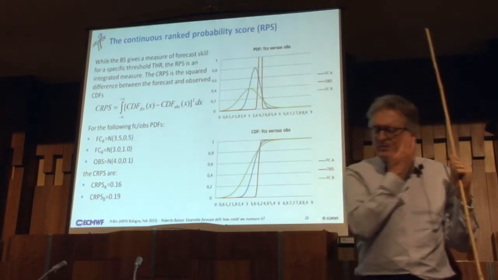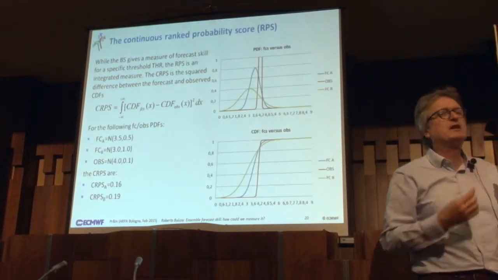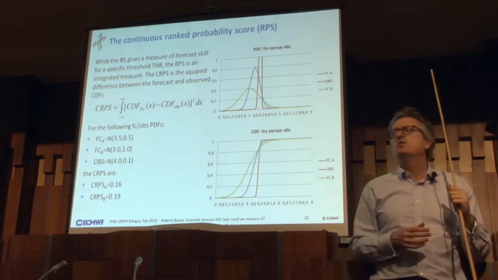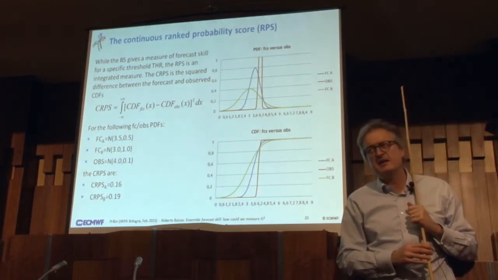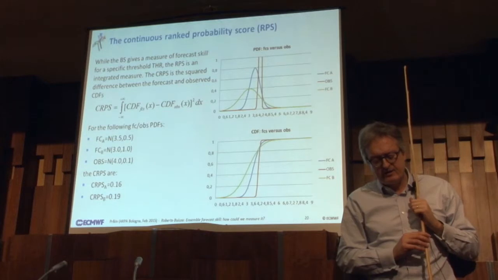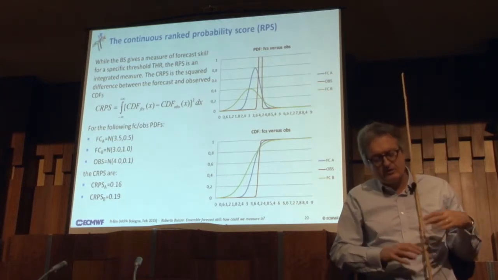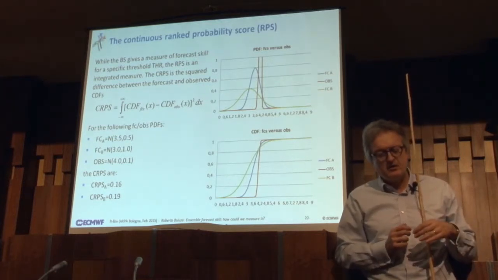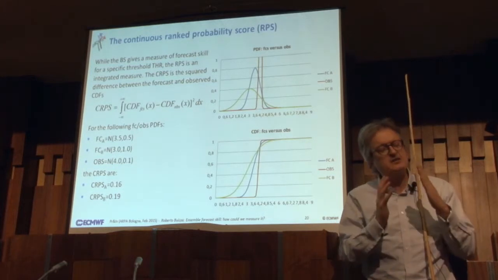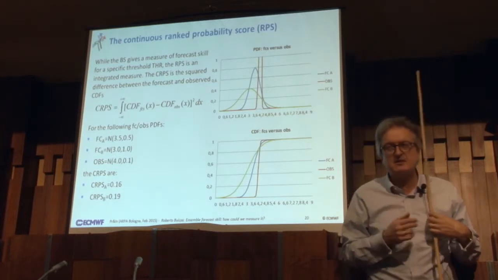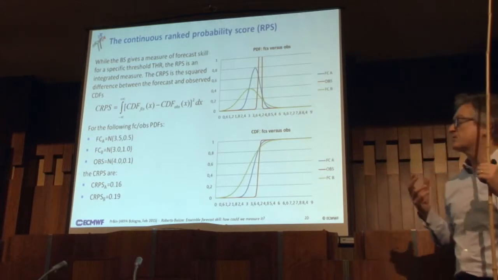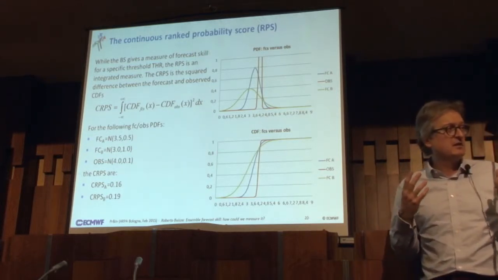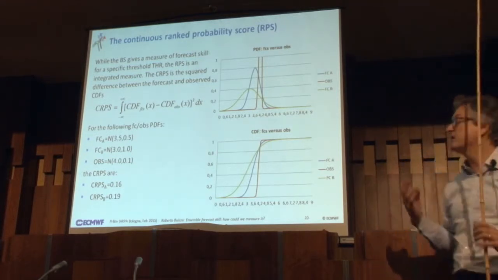The continuous rank probability skill score is actually the one that at the end of the day we use more, because it's a good score that conveys how close the forecast PDF is to the observed PDF. It's the equivalent of a root mean square error, but for probability distribution functions.